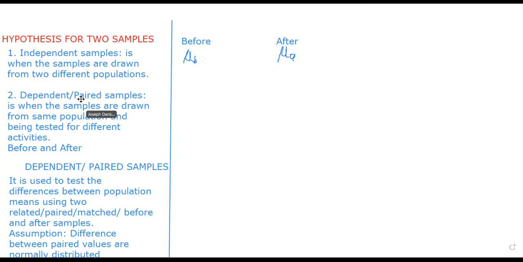It's not like the one population, the one sample we did the other time, where you see particular words that link you to know whether it is talking about the null or the alternative, and guide you to know whether it is a one-tailed or two-tailed test. But with this one, you have to use the before and after. So we represent the before with what? Mu B, and the after with what? Mu A.